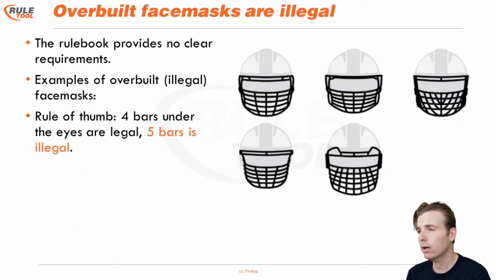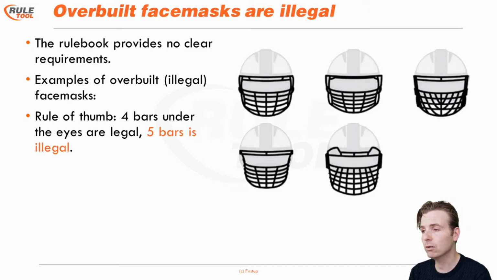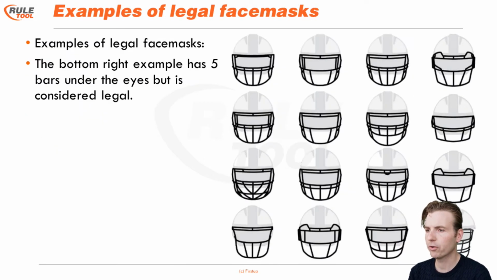We covered it before. Overbuilt face masks are now illegal. The rulebook does not provide clear requirements about what is overbuilt and what is standard, but the rule of thumb is 4 bars under the eyes are legal if you count them. So count the horizontal bars under the eyes. 4 of them are legal, 5 is probably illegal, and 6 is usually always illegal. Some examples of legal face masks, as you can see here.